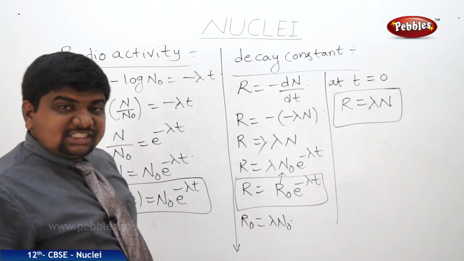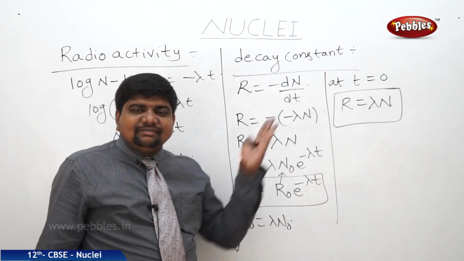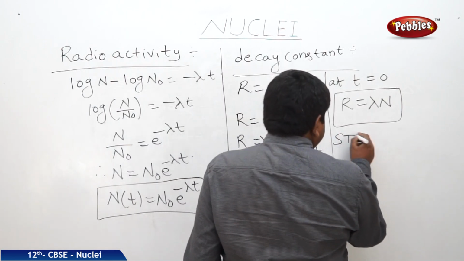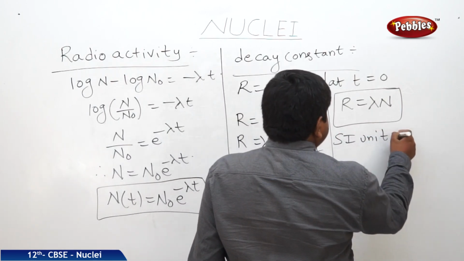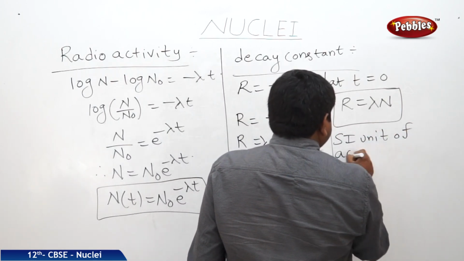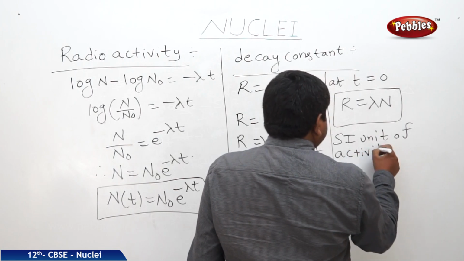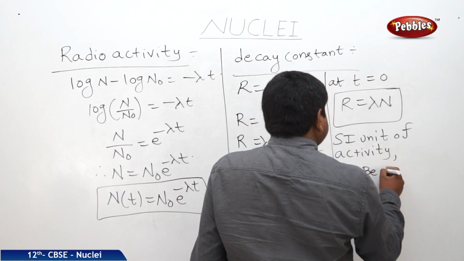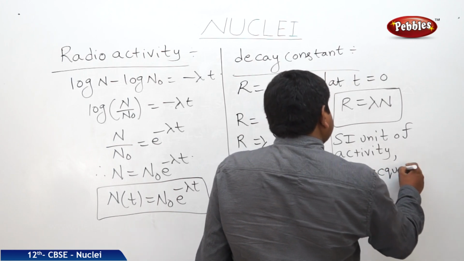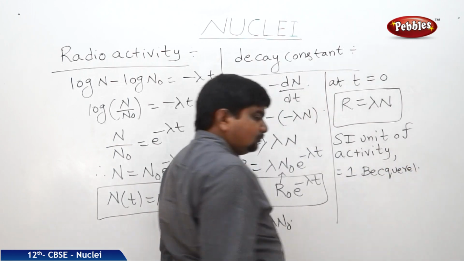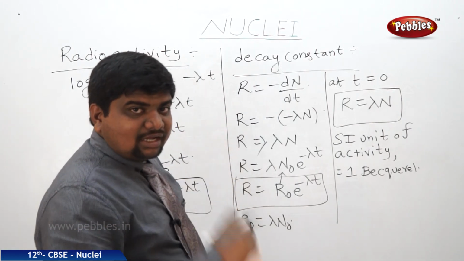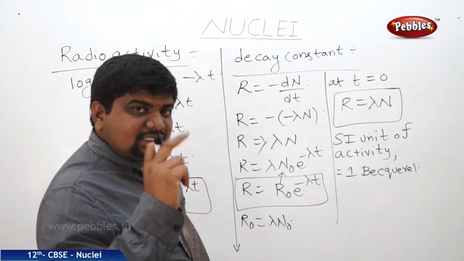There is an SI unit to find out the activity of the nuclide, that is said to be becquerel. The SI unit of activity is 1 becquerel. One becquerel is nothing but 1 disintegration per second, or 1 disintegration per unit time.